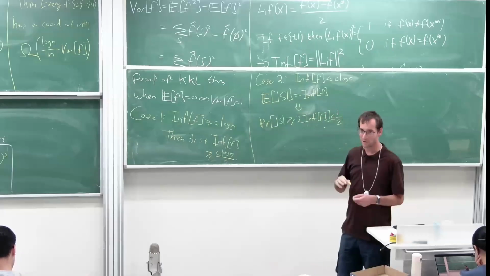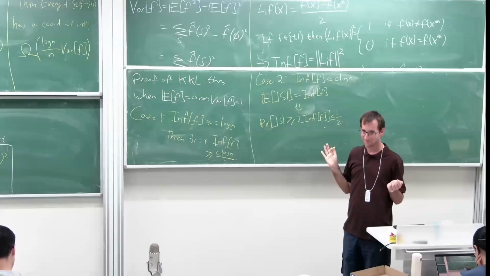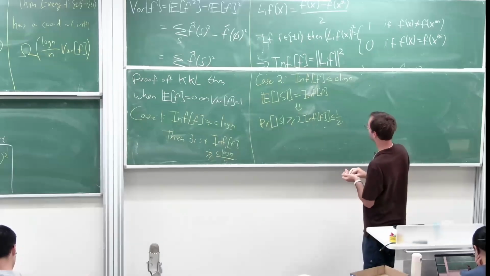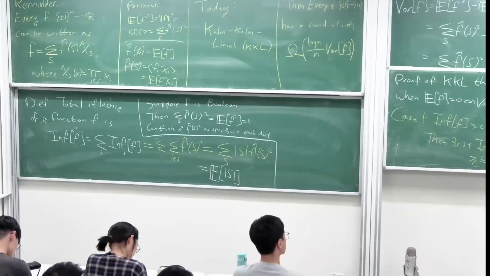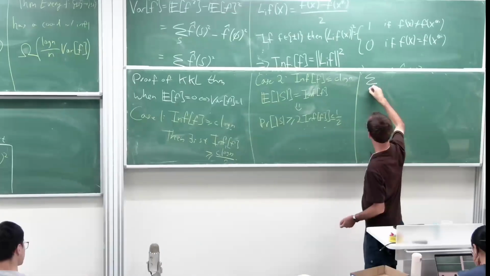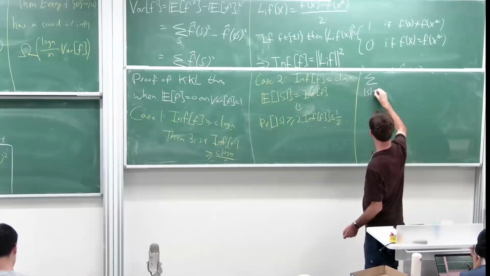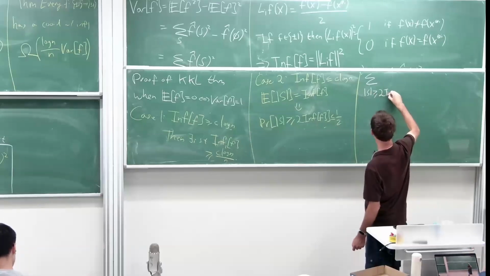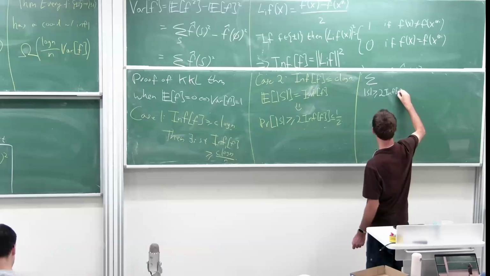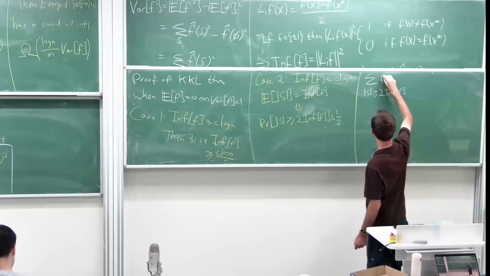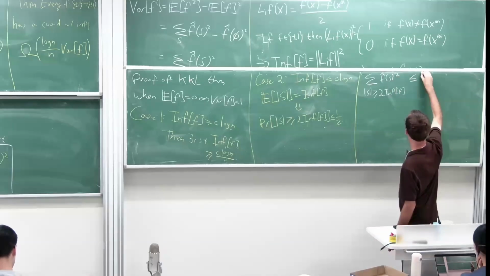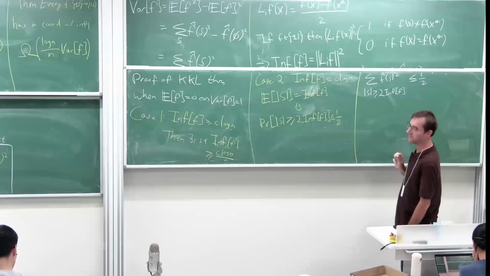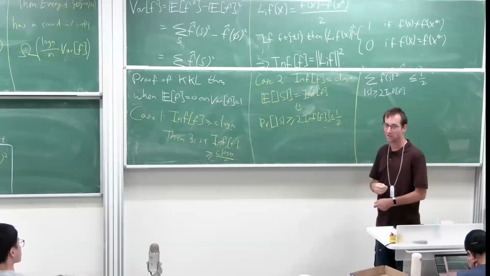This is a Markov inequality. So what does this mean? This means that if we sum over all S of size at least twice the influence of f, the f hat of S squared, then this is at most a half. If you don't like this Markov, then you can do it directly, but it's the same thing.